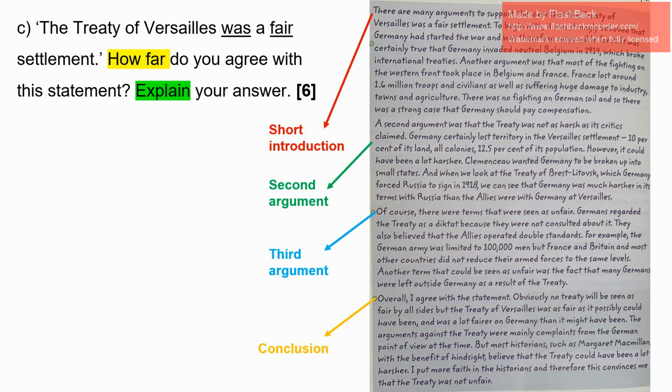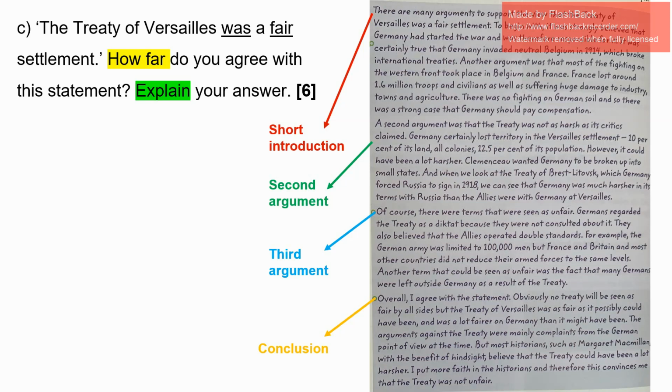Plus, it shows that the student has not devoted a lot of time to it. When you have a good structure, well, let's say you earn some brownie points and it's probably easier to correct your exam. So, short introduction, first argument, second argument, third argument, and the conclusion.